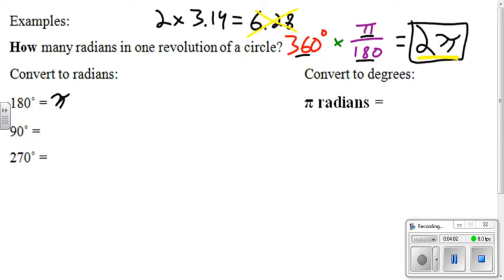What about 90 degrees though? 90 degrees, we would have to multiply 90 times, again, our pi over 180 to get our radian measure. We can take out 90 from here, in which case we'd be left with 2. So we would have pi over 2.